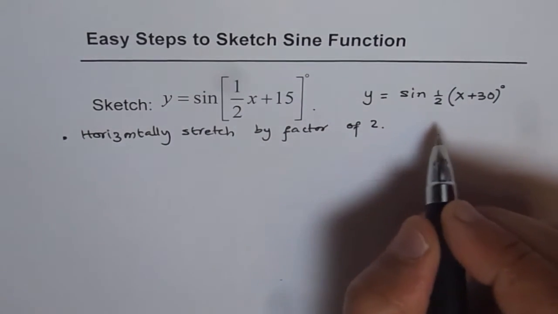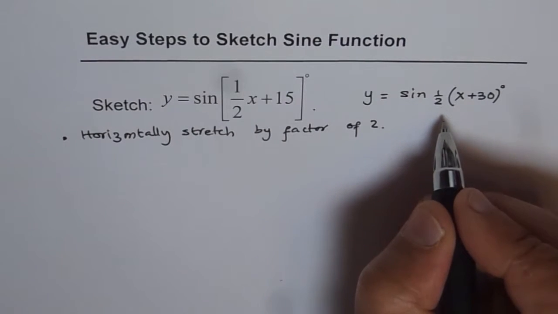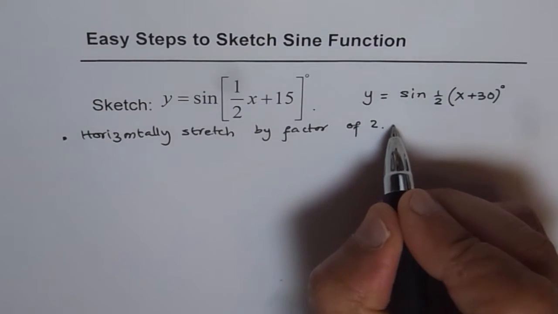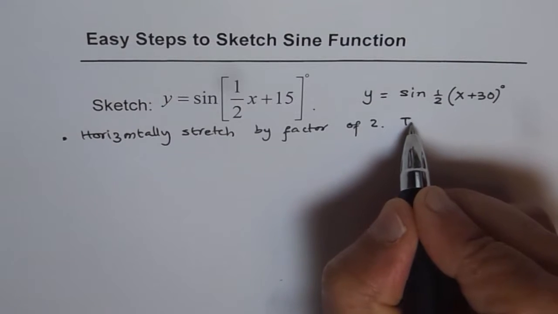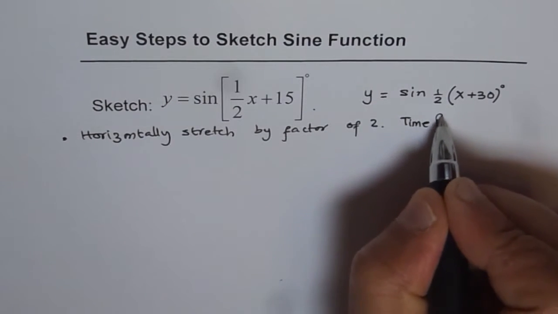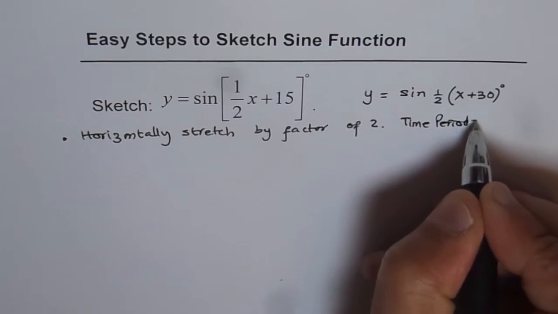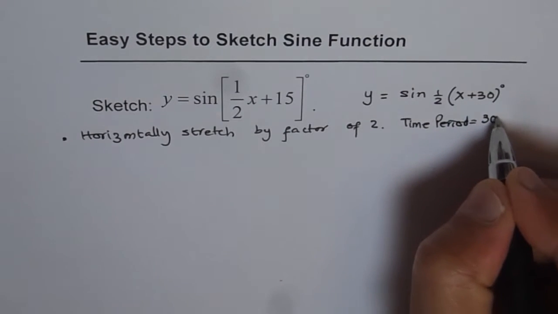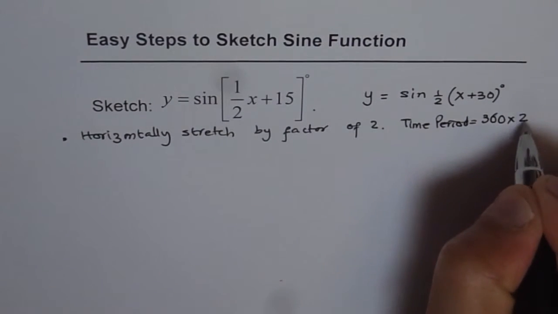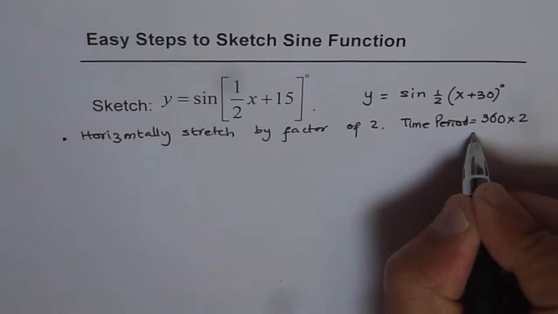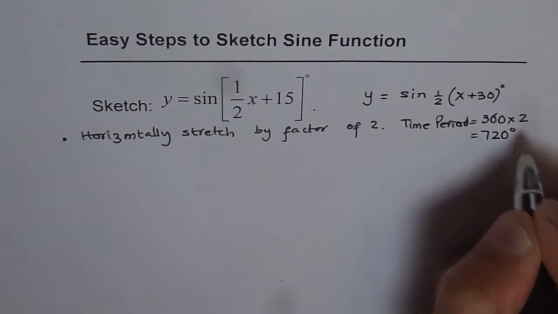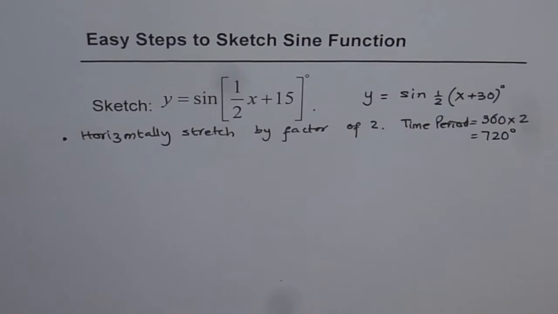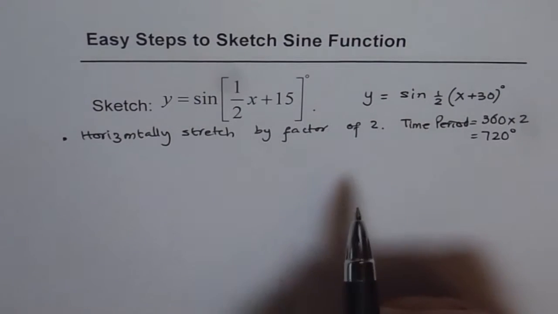That really means that the time period of this function becomes 360 into 2. So let me write down that also. That is time period equals 360 times 2, which is equal to 720 degrees, right? So that is the effect of half here.